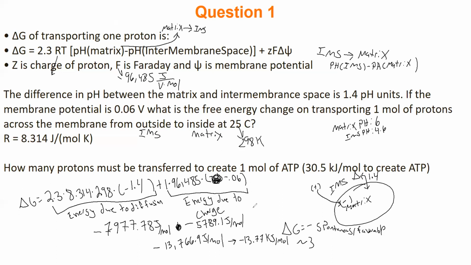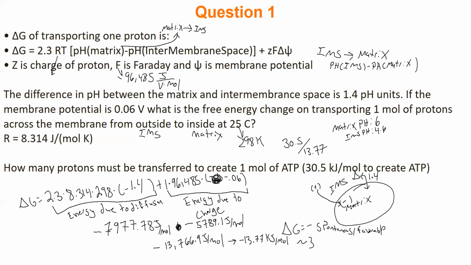All right, now that you saw this worked out and the logic, is there any questions on this equation, anything I did, anything at all? How did I get 3 again? To get 3, I took 30.5, which is the energy for making 1 ATP, divided by 13.77, which is the energy of 1 proton coming across.